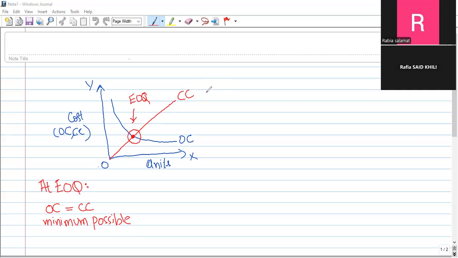EOQ is a model with a defined formula. This formula is also given to you in the formula sheet.